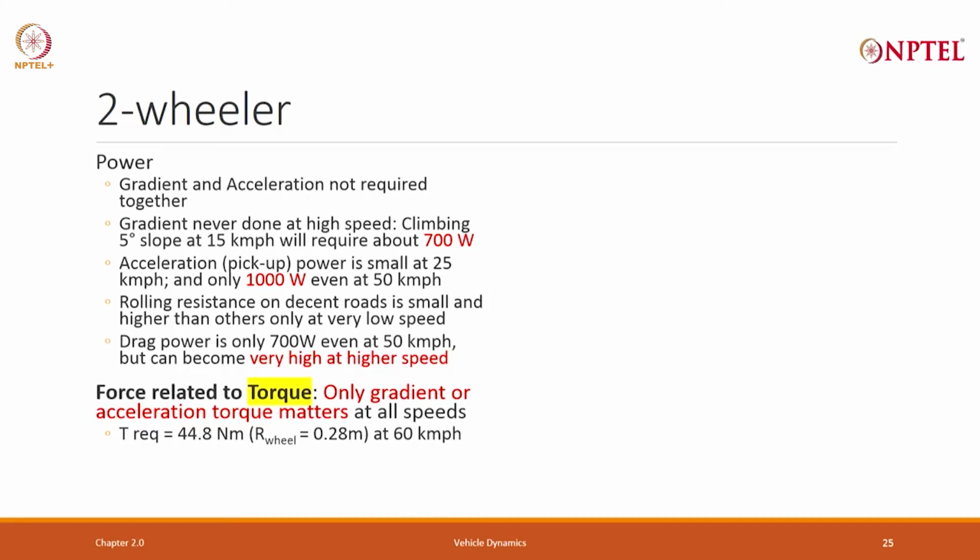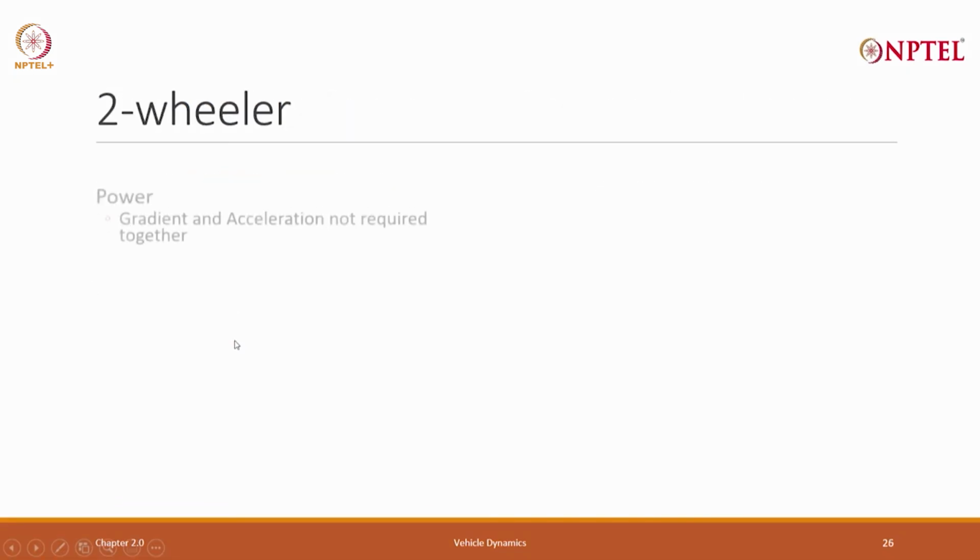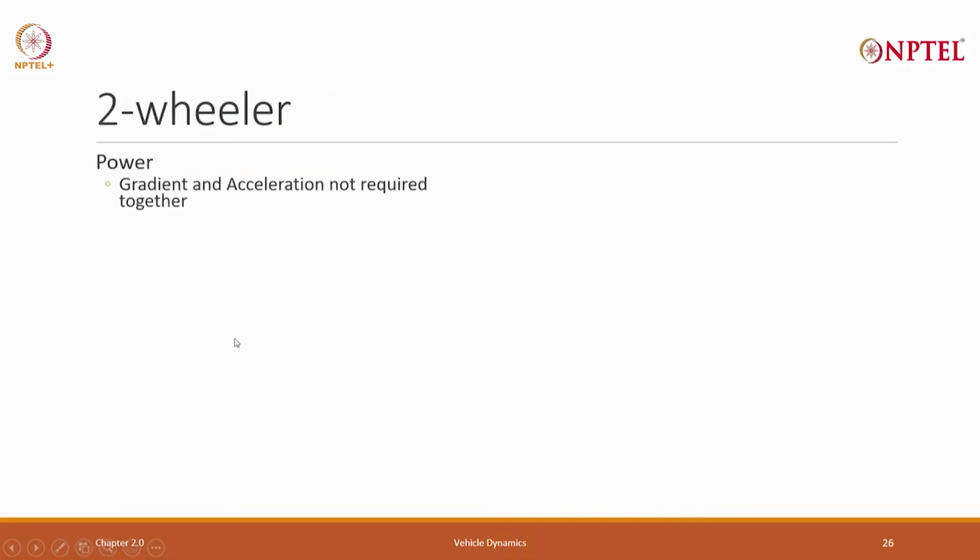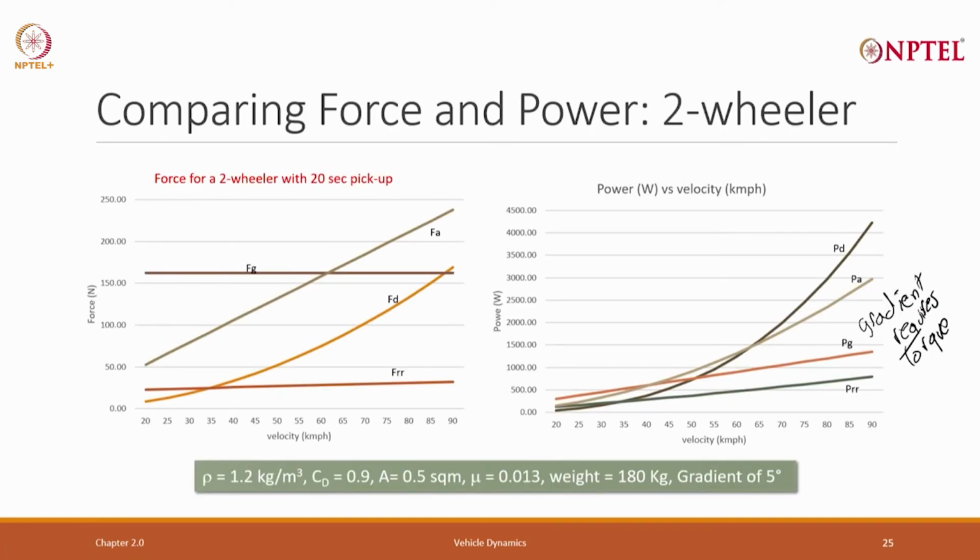Now, force is related to torque. I have to come to the torque curve when I talk about torque. If I look at the gradient torque, since the gradient force is very large, the torque will be very large, and it is independent of speed, it is flat.